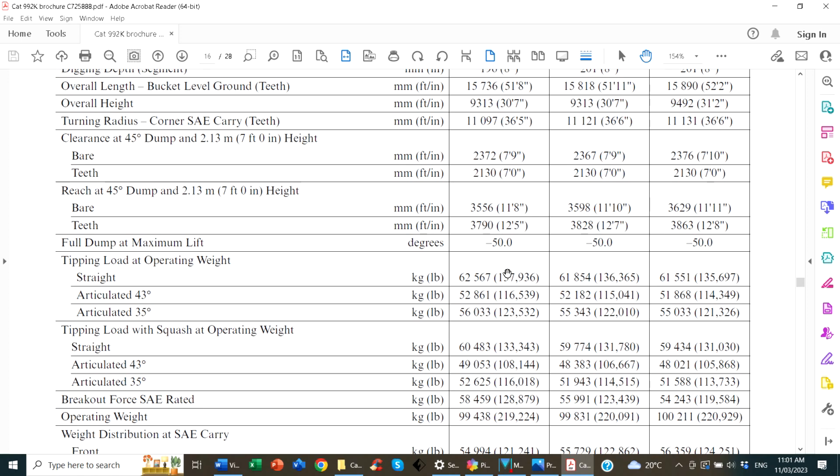Straight ahead, it's got 62 ton of capability before it tips. Fully articulated, the limit is 10 ton less. And it's even worse when it's on a side grade. So be very careful of tipping loads when steering.